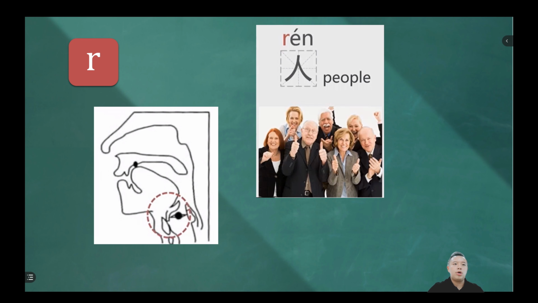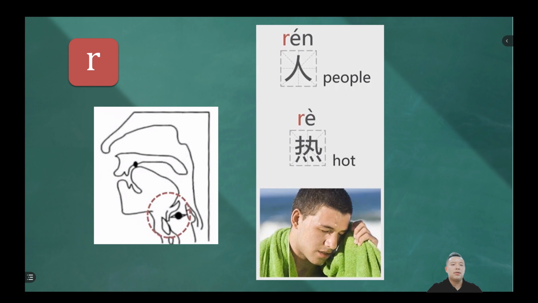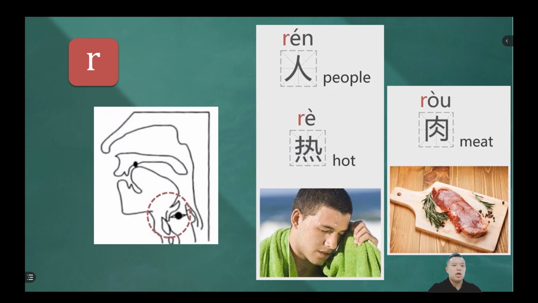In the meanwhile, vibrate your vocal cord. For example, orang, 人, 人. 热, panas, 热. 肉, meat, 肉, sabi.